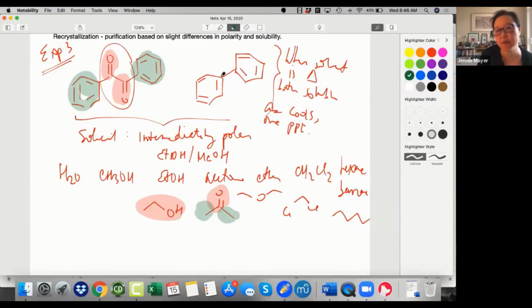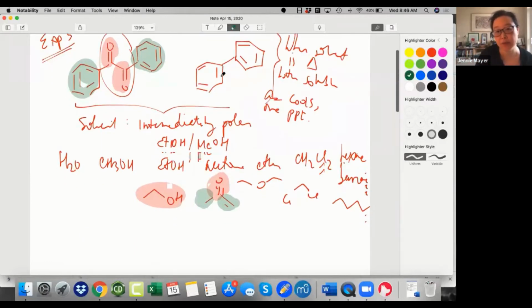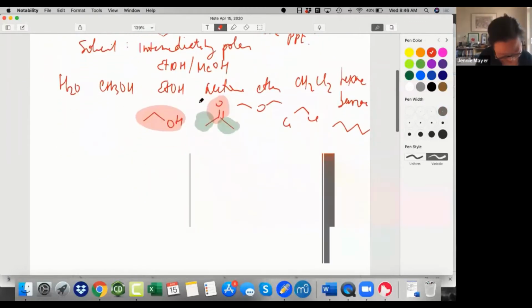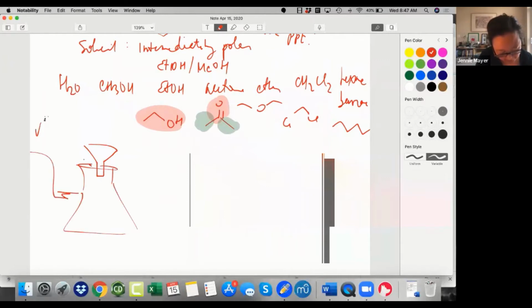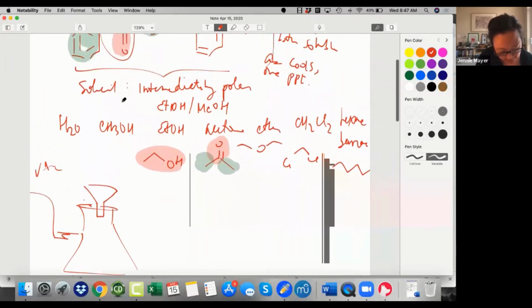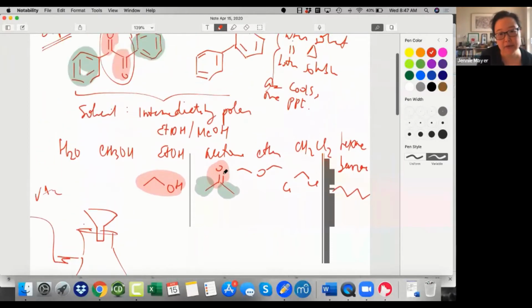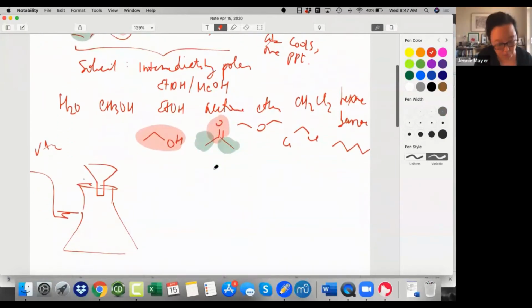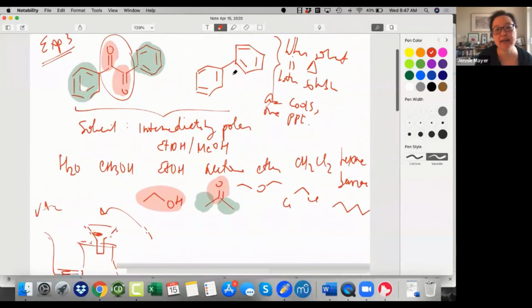So when you filter it, let me draw that, or try to, okay, when you filter, you've got all these things in the vacuum, okay? So you've got these two dissolved in acetone. You know that these two will be more soluble together. So what do you guys think will be at the top here? When you take these hot liquids, you cool them down, you get crystals.